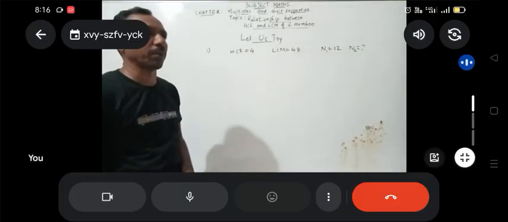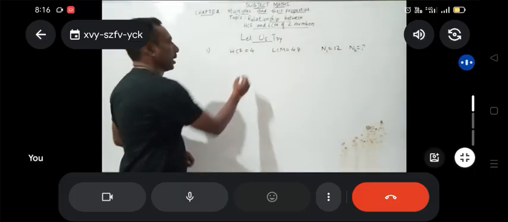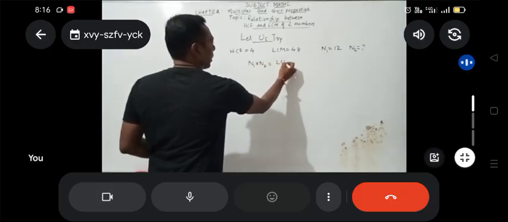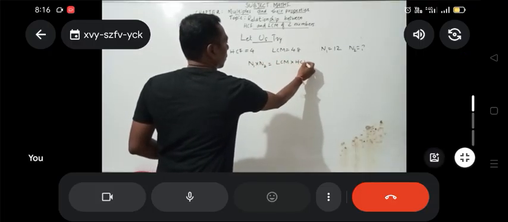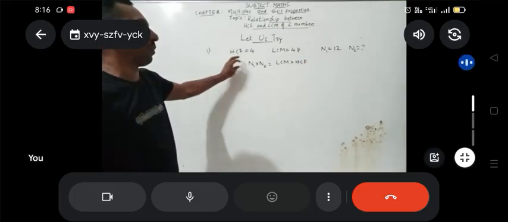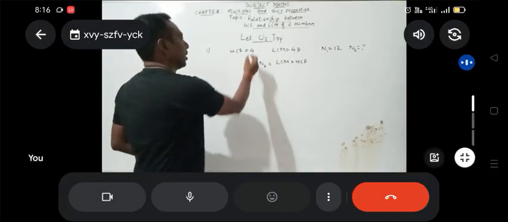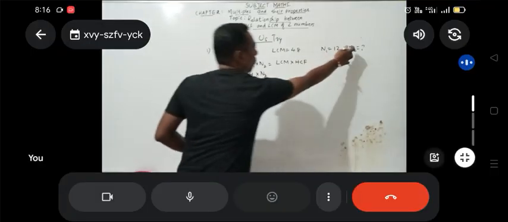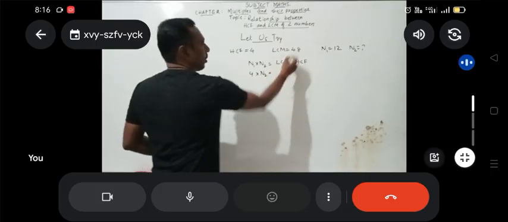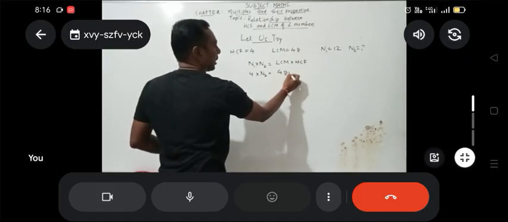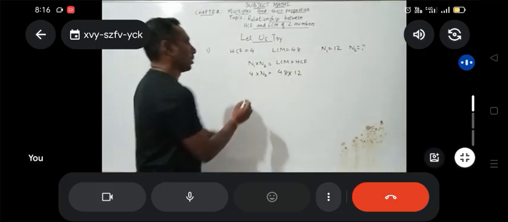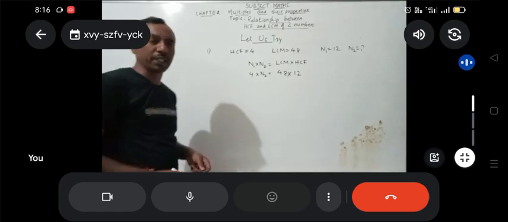To find the other number, you can use the relationship here: N1 into N2 is equal to LCM into HCF. Put the values in the respective places. Number 1 is equal to 12, number 2 you don't know, you have to find that number. LCM is equal to 48, HCF is equal to 4.